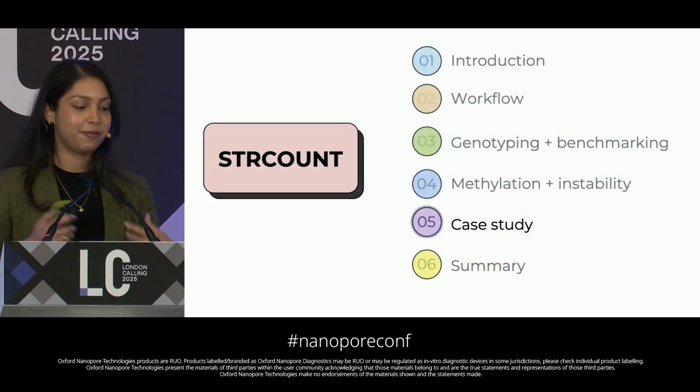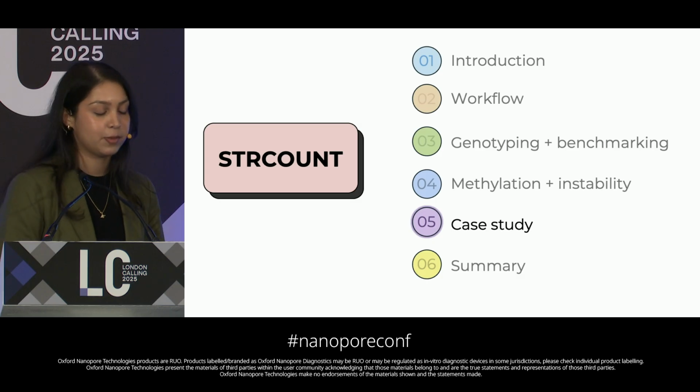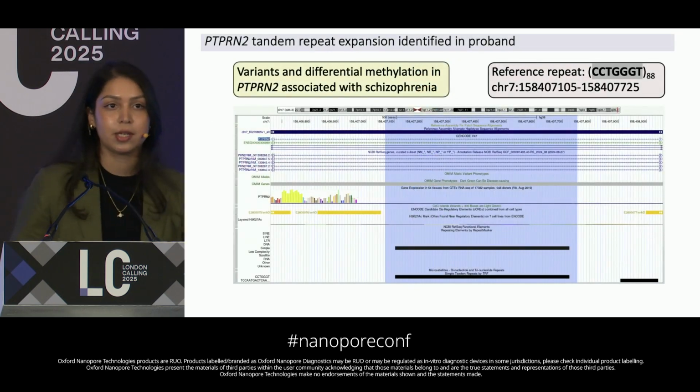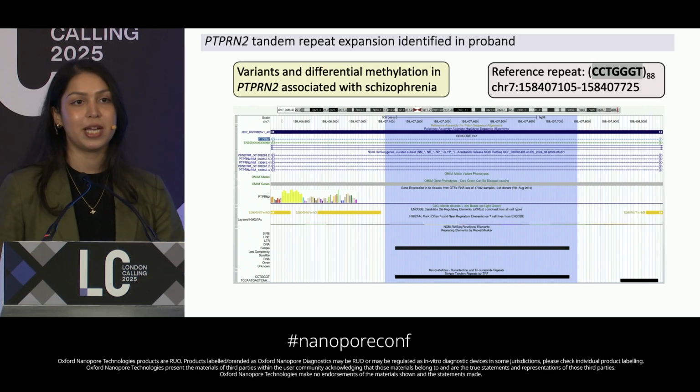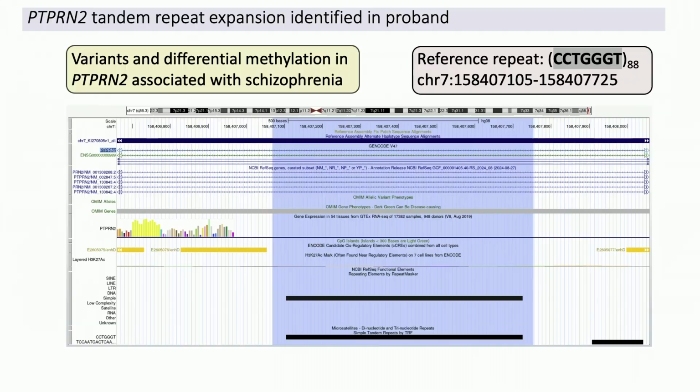Now, I'm just going to finish off with a quick case study as well. We were looking in a cohort of patients to understand whether tandem repeat expansions contribute to schizophrenia. In this case, I'm looking at the specific gene called PTPRN2 in a proband who has schizophrenia, where variants in this gene and differential methylation specifically are associated with schizophrenia.